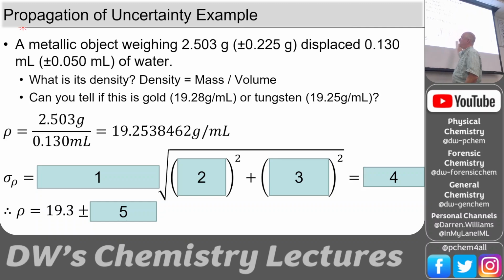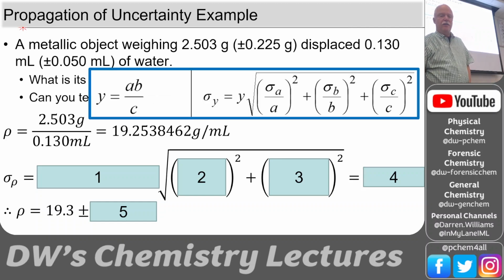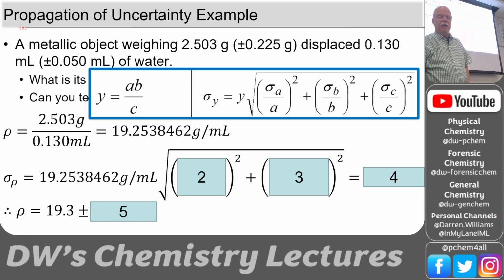And so then we set up that equation where it was y times the square root of the RSD of a squared plus the RSD of c squared. So let's put all these pieces together. Here's the equation that we're using, and this initial y part is right here. That's our result. I'm keeping those ridiculous numbers of digits just to make the point that we don't want to round yet.